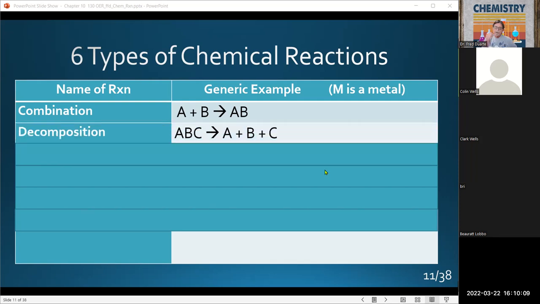What can happen is a decomposition. So you can begin with a compound and break it apart into its elements. For example, a classic example of both of these would be hydrogen.